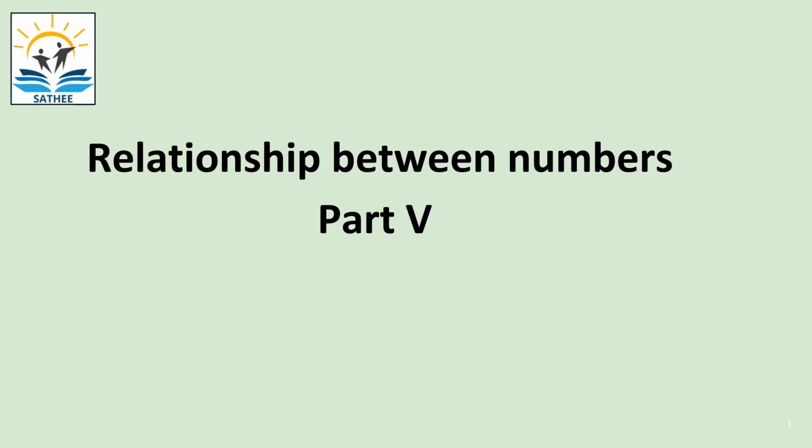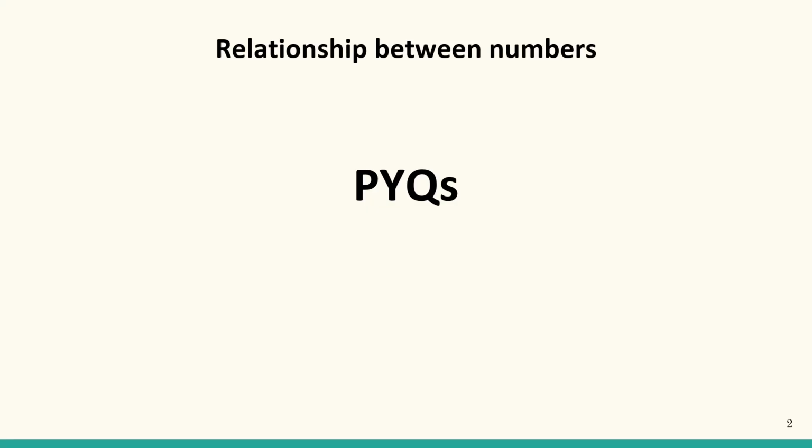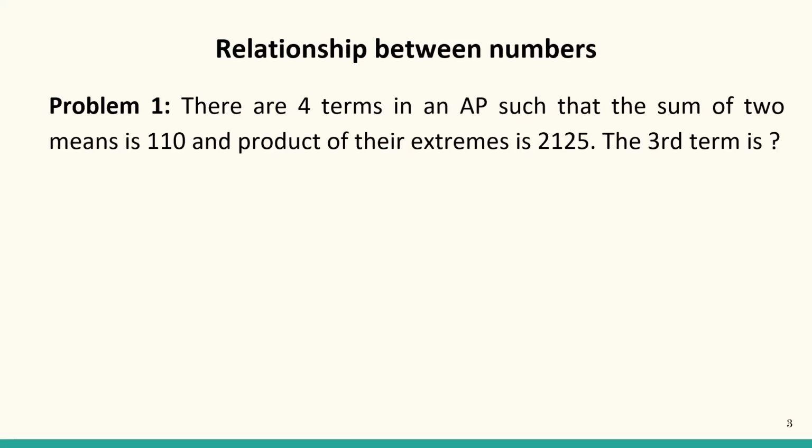So what we will do next is we will do some previously asked questions from various competitive exams. So let's see. Problem one asks us: there are 4 terms in an AP, arithmetic progression.